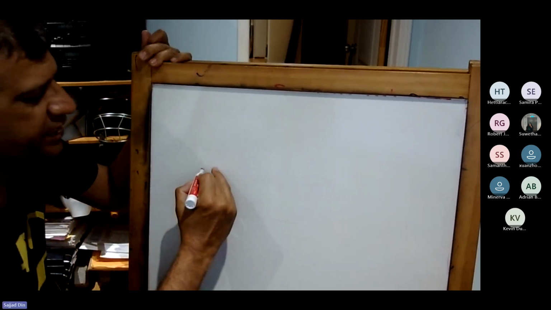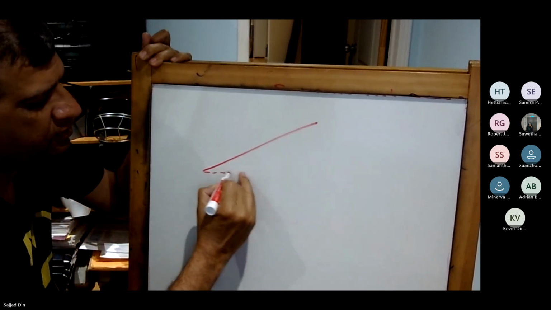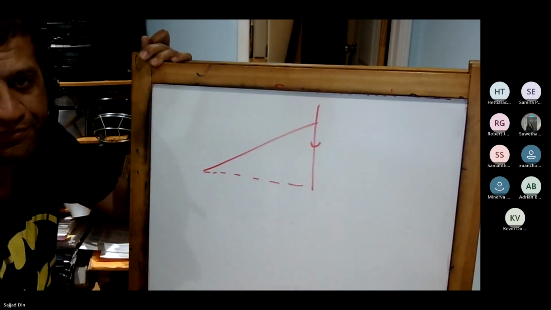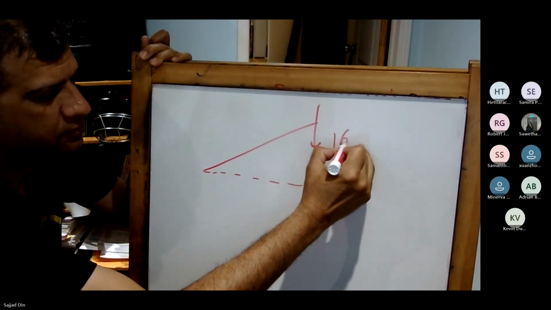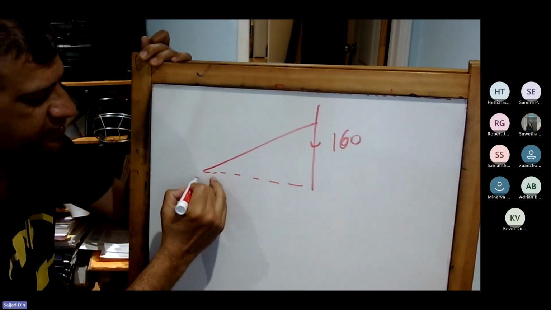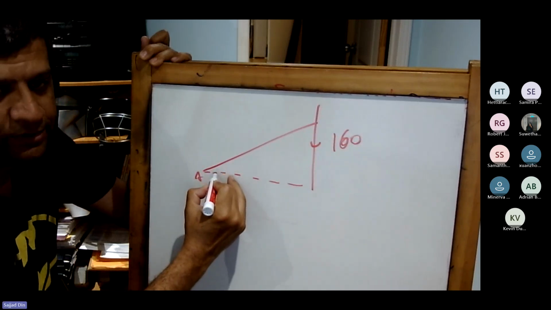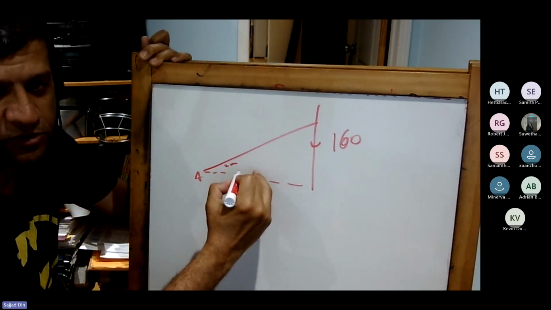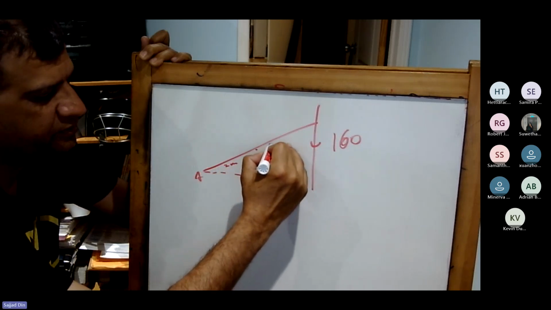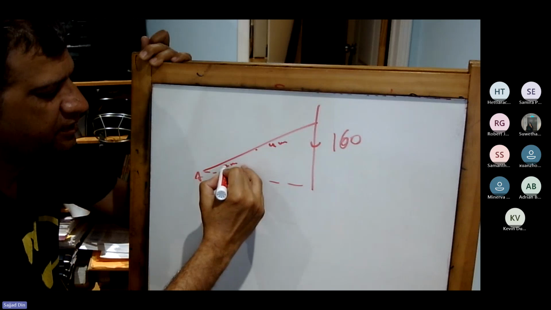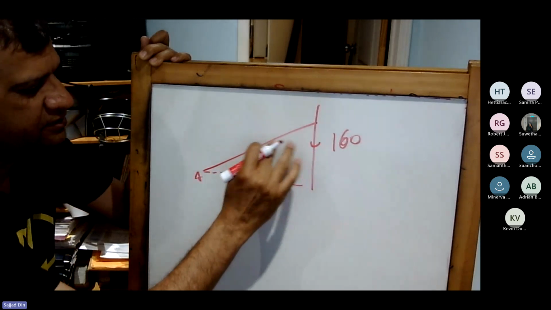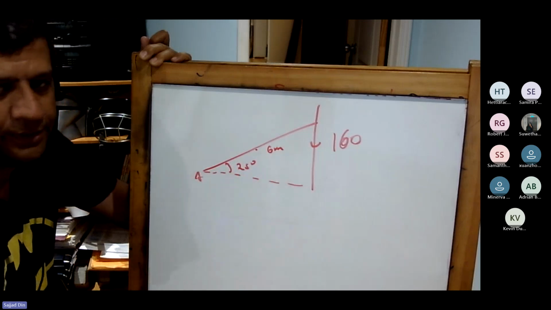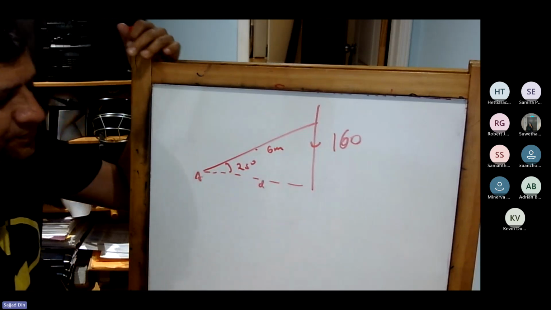So from the information given, I can now see, this is A, so you're going to add 2 meters. You got 2 meters plus 4 meters. So this is actually, I'll erase that. This is actually 6 meters. This is still 25 degrees. So what is this distance here?